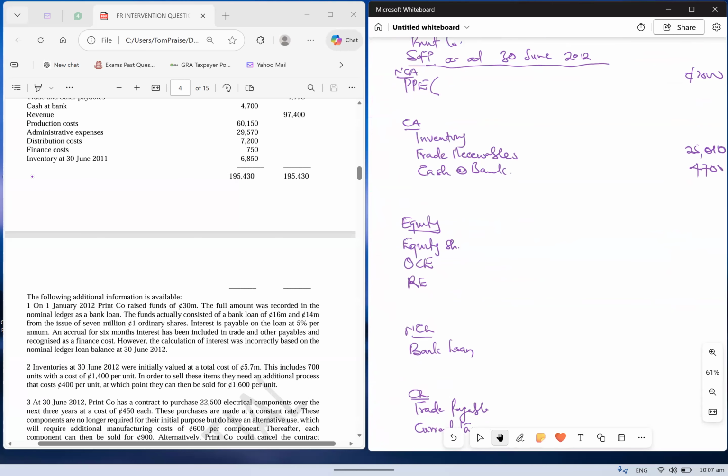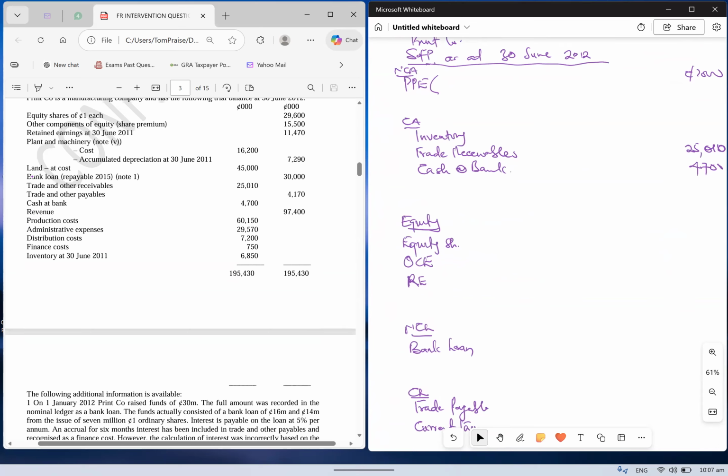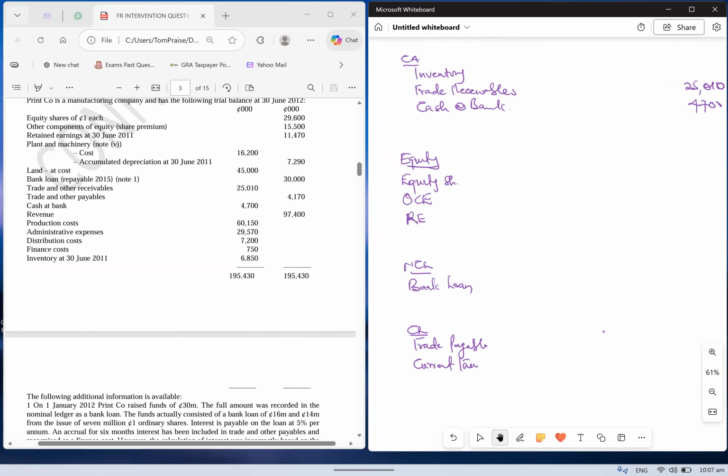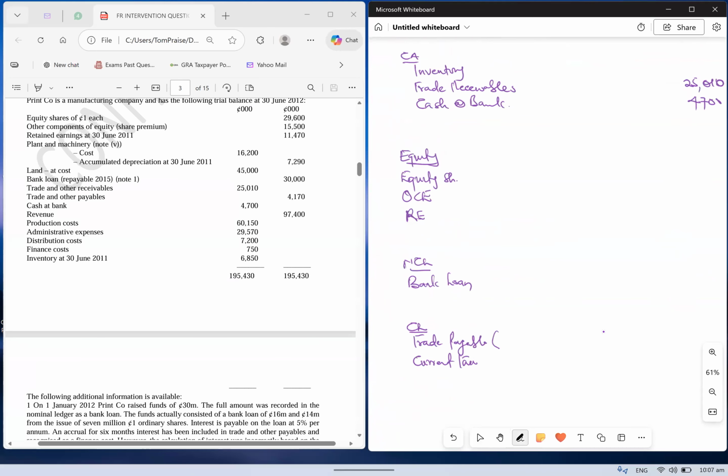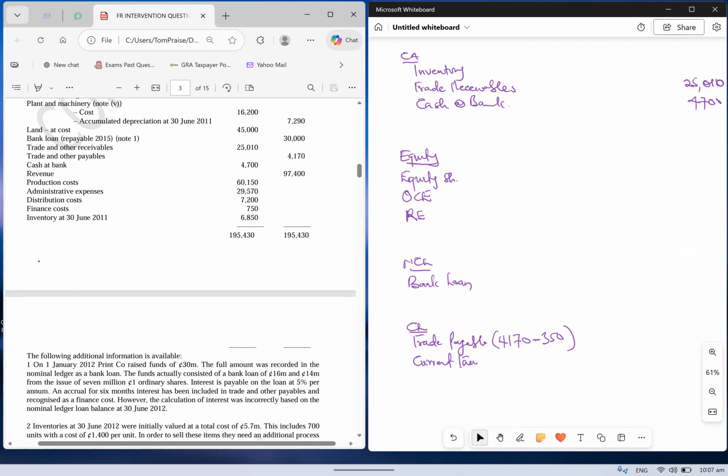How much is trade payables? 4170, and also subtract the 350 from it. You are done. This is it. So every line you do the correction, you just go there and you do it. As simple as that.